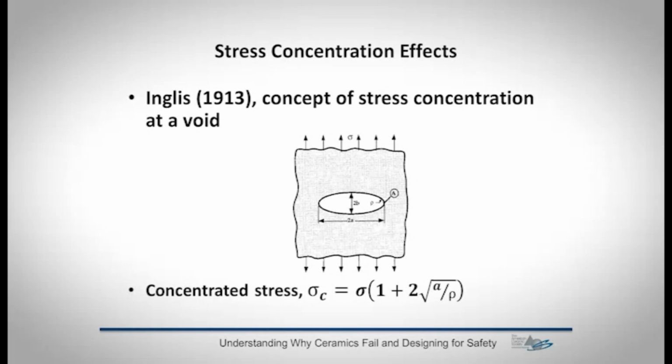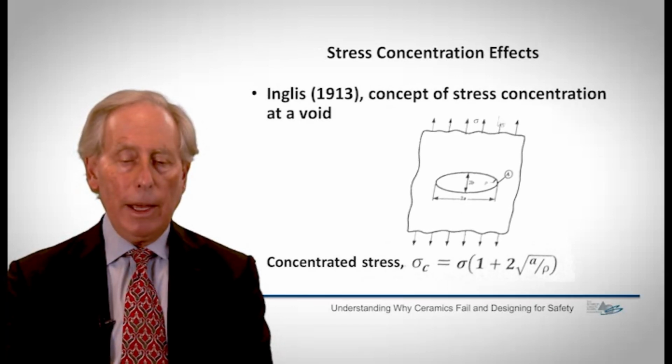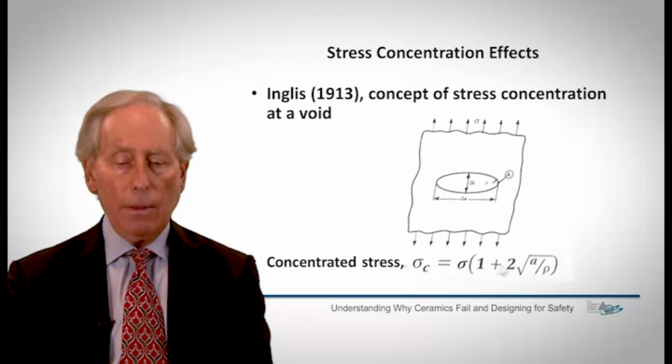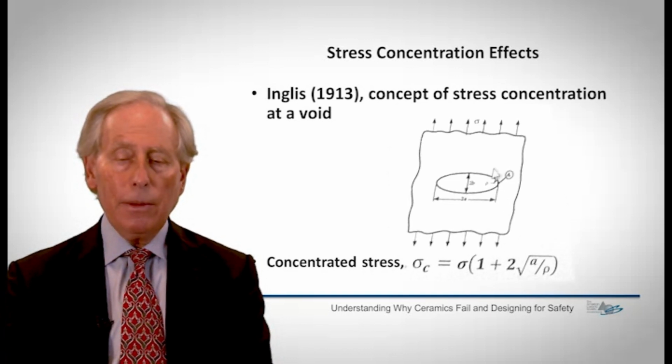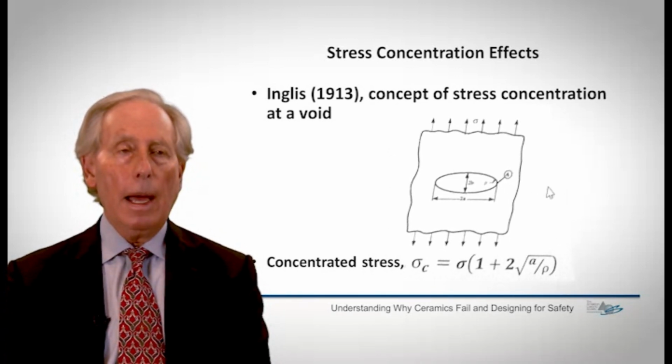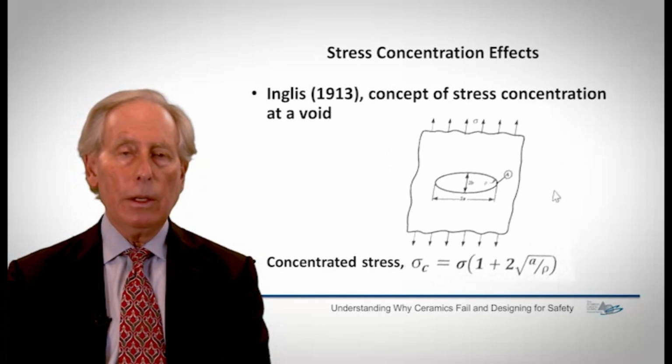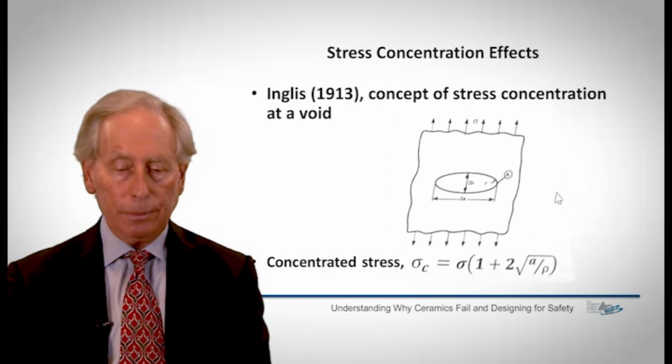That meant that the far field stress, as denoted by the arrows on this small piece, was concentrated at these points in the ellipse, and therefore the actual stress at these points was a function of the size of the void and the radius of curvature at these points. And this meant that failure could occur at much lower stresses than would be predicted just to pull atoms apart in the piece itself.